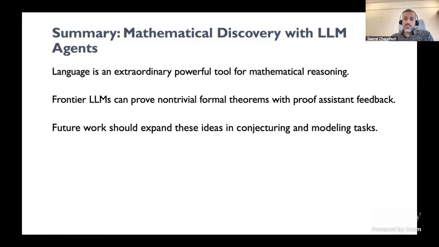So that's what I have on this particular topic. In summary, I would say that mathematical discovery with LLM agents is extremely promising. I think that you can go a very long distance with just in-context learning, but you want to have the proof assistant feedback for proper grounding.